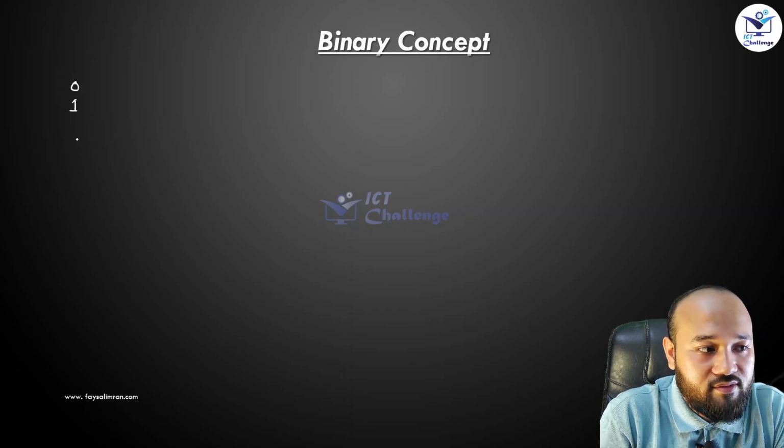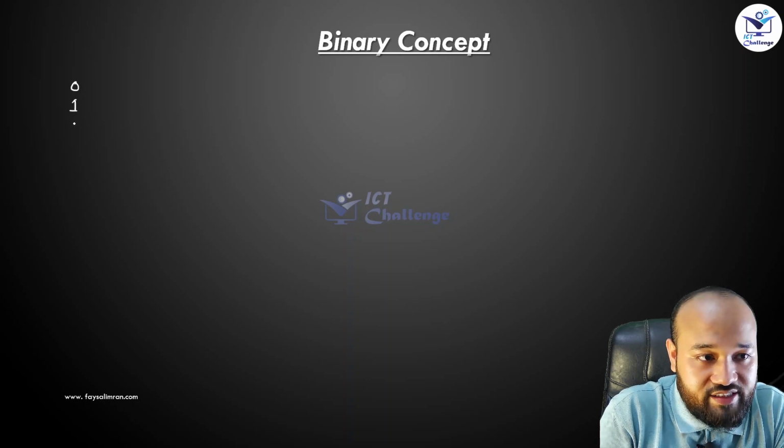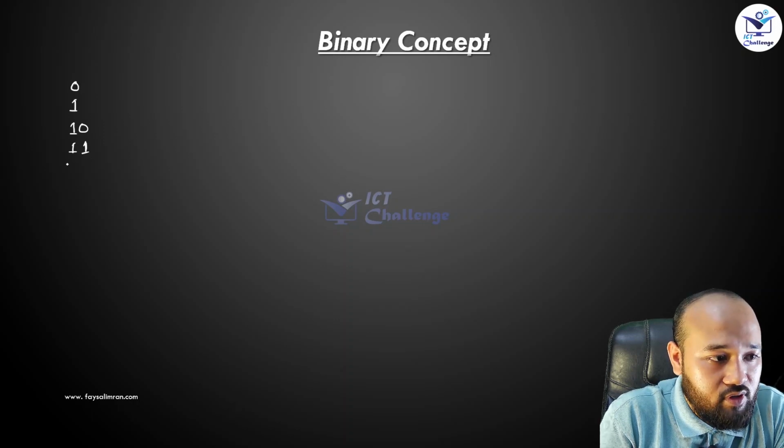Adrika, can you tell me? Sir, 10. Yes, right, 10. And after that we don't have anything, just 0 and 1. So after 10 we will get 11, right? Please unmute your microphone, everyone. Tell me after 11 what we will get.